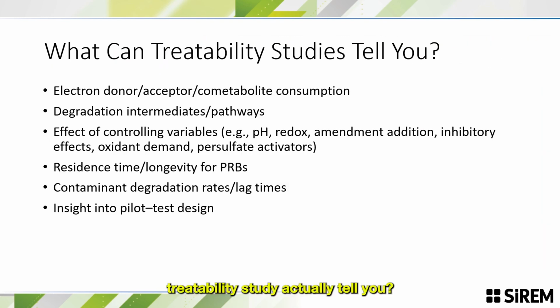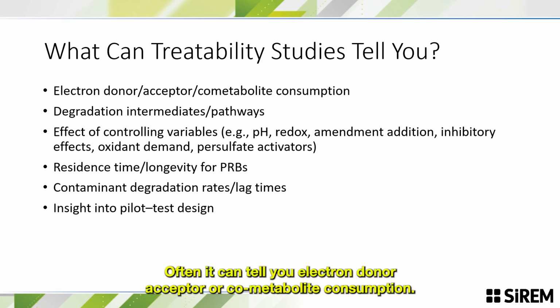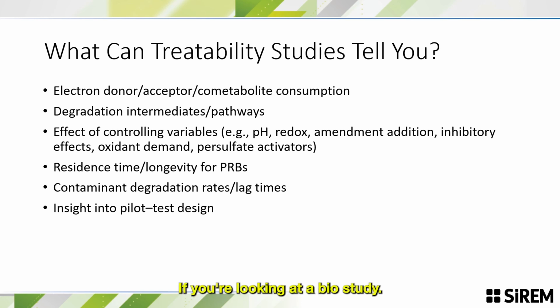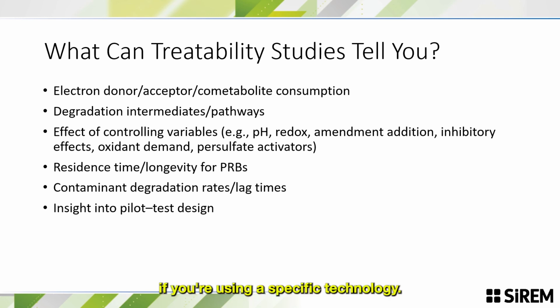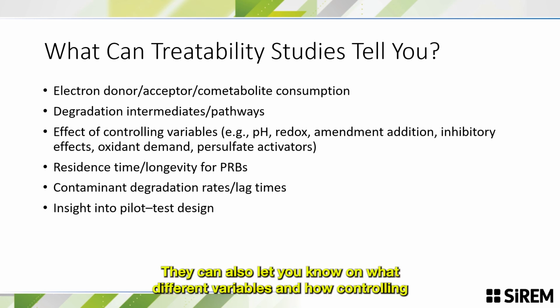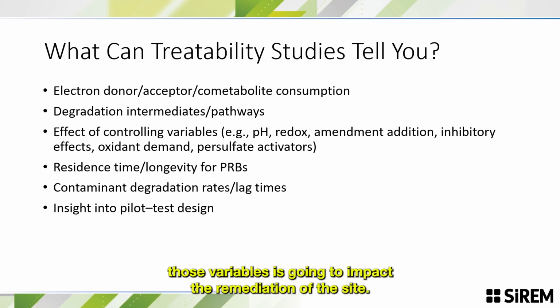So what can a treatability study actually tell you? Often it can tell you electron donor, acceptor, or co-metabolite consumption if you're looking at a bio study. You can see degradation intermediates or pathways that may appear if you're using a specific technology. They can also let you know on what different variables and how controlling those variables is going to impact the remediation at the site.